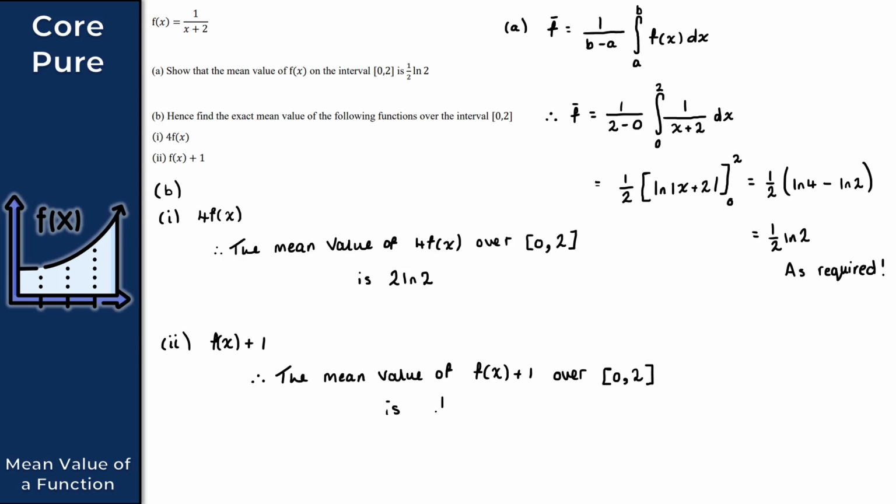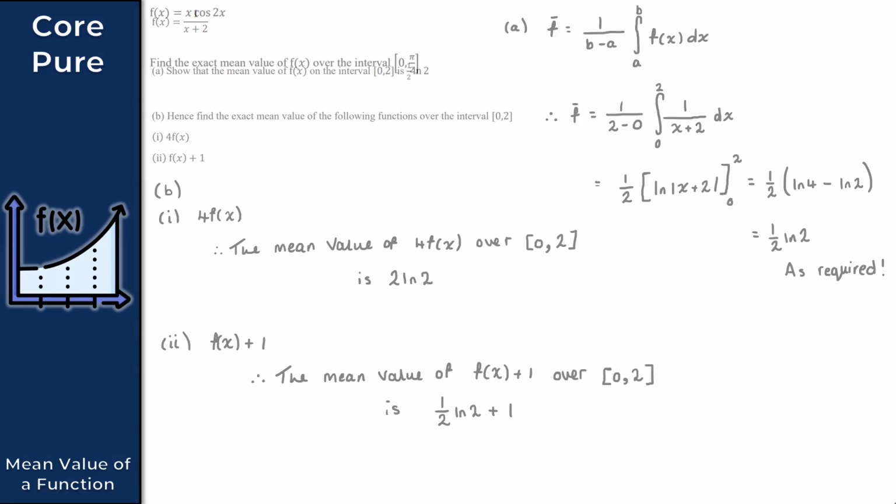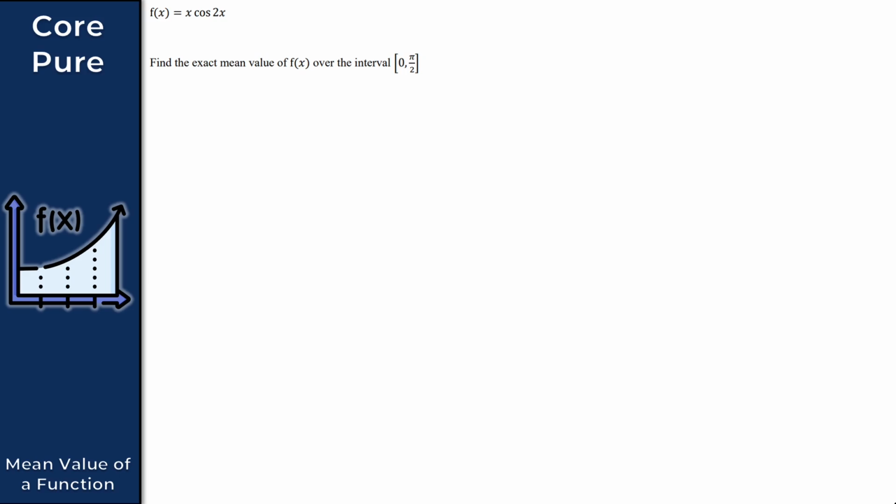We get a half ln 2 plus 1. Okay. And there we have it. So that gives the solution then to the very last part of part B, and that just gives us the solution to question 1. So let's just have a go now at the very last question here.